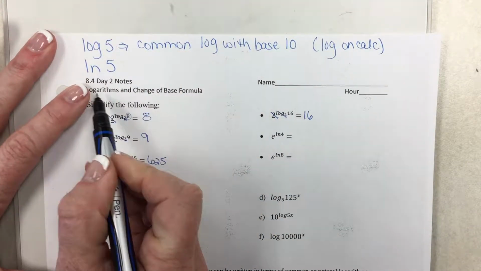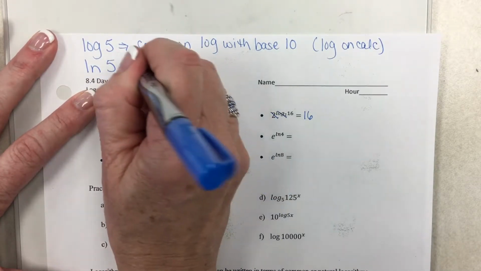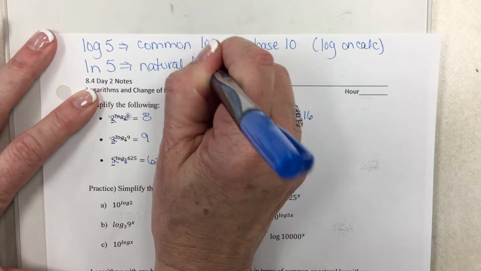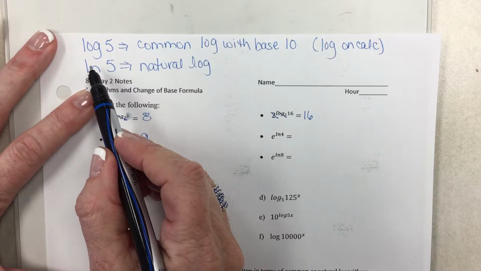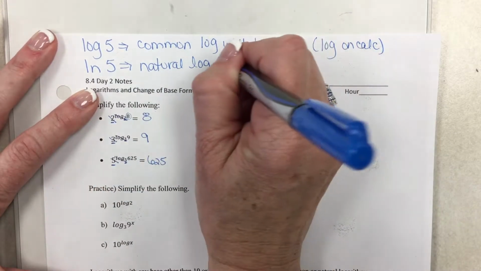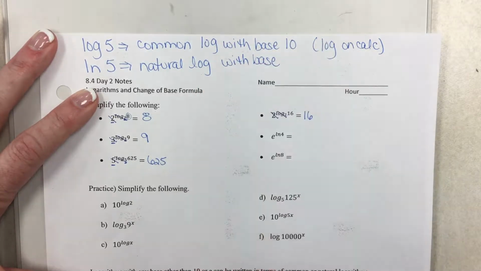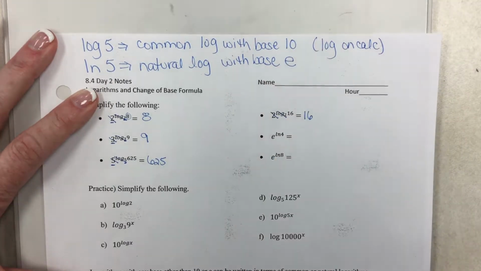Now, if we have ln 5, that is called a natural log. There's a common log, log, then there's a natural log, ln. ln has a base of what? Base of e.